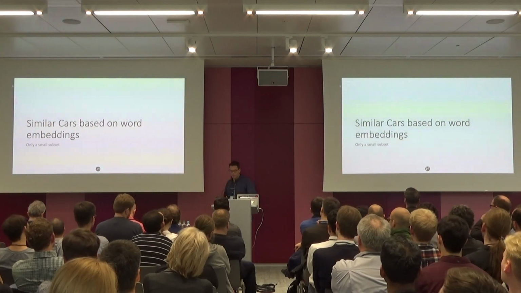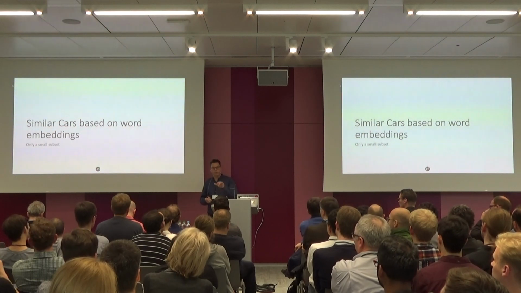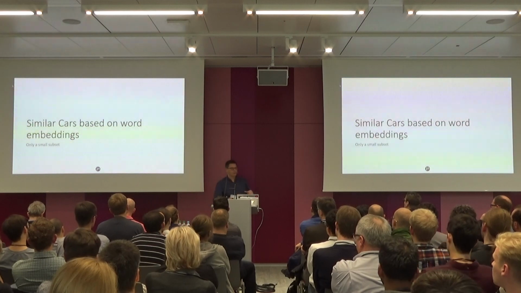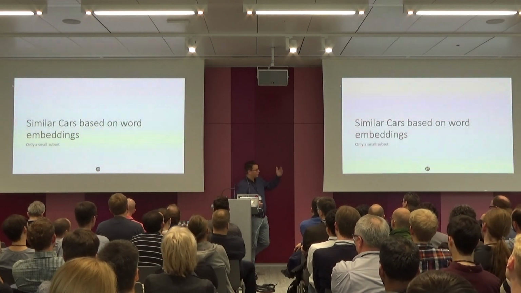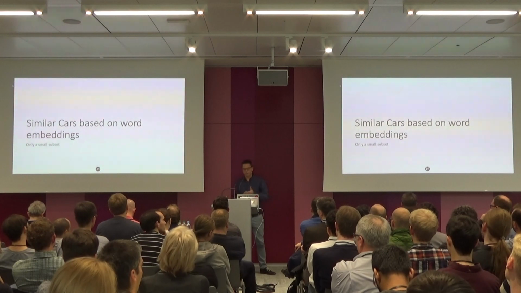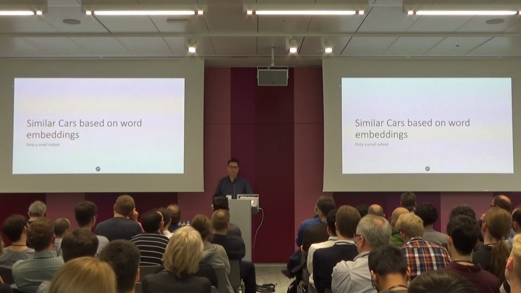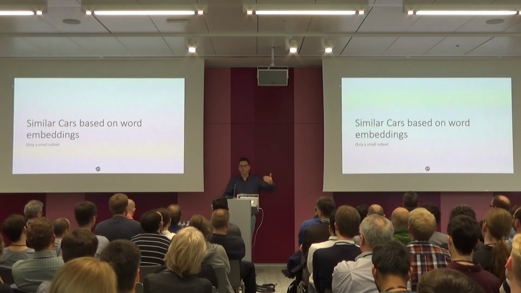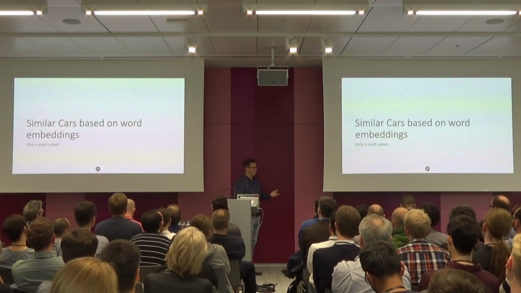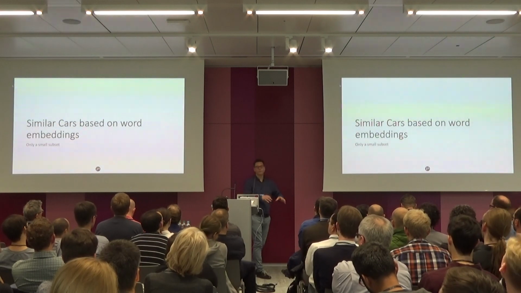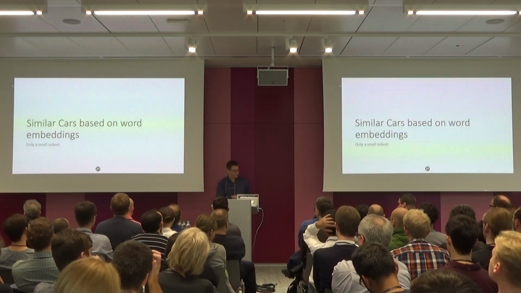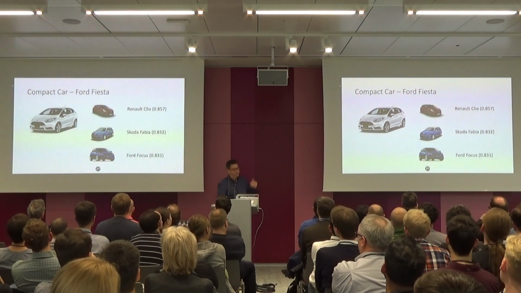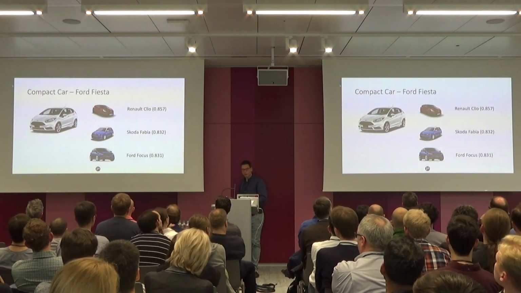I was a little bit lazy, and I only looked for models which have one word, because otherwise, for example, if I would have looked at the Mercedes models, which are always a combination of a word and a number and stuff like that, I would have to introduce another pre-processing step, which I was too lazy for. So we're looking only at models which have one word, and with this pre-processing, again, I found the results quite okay.